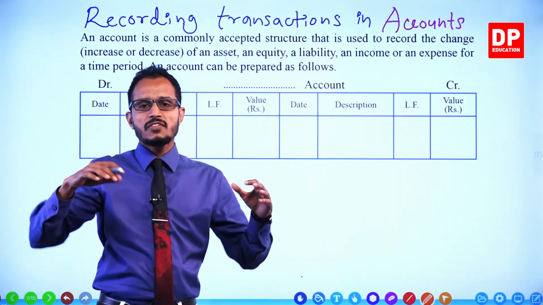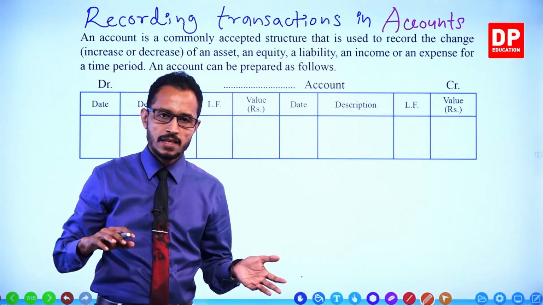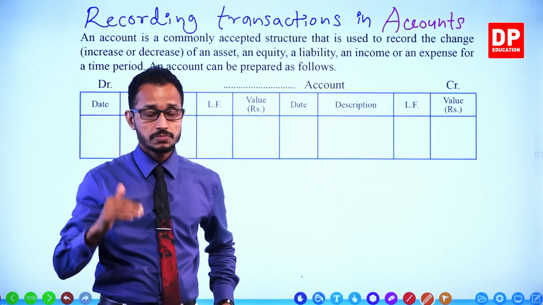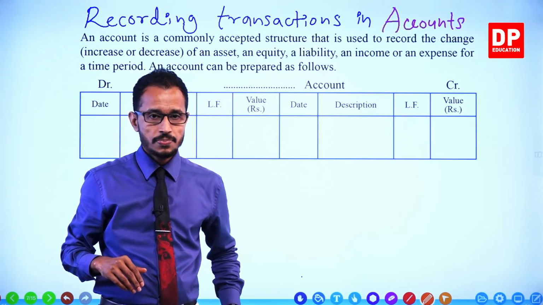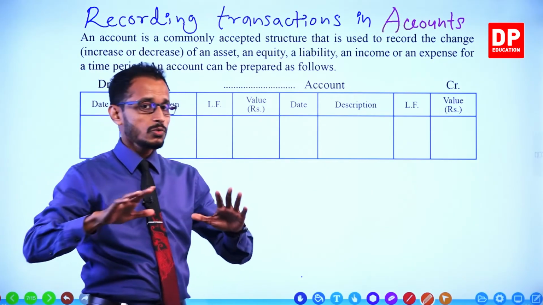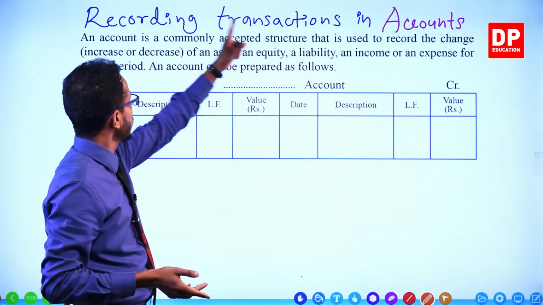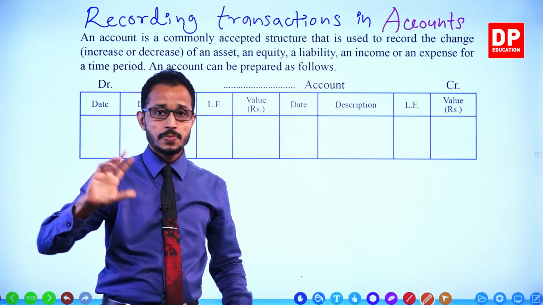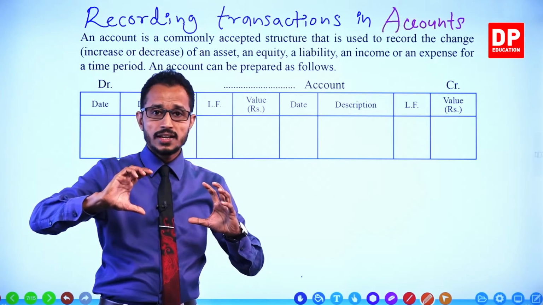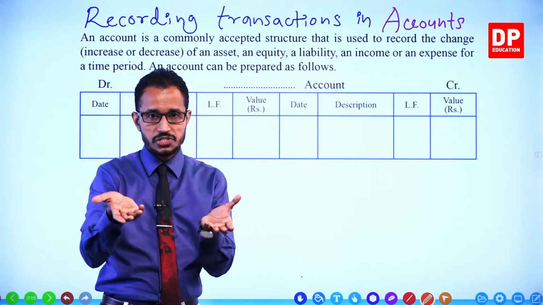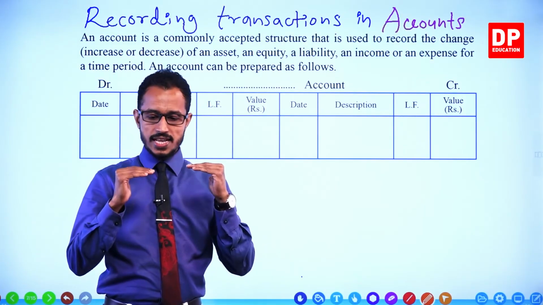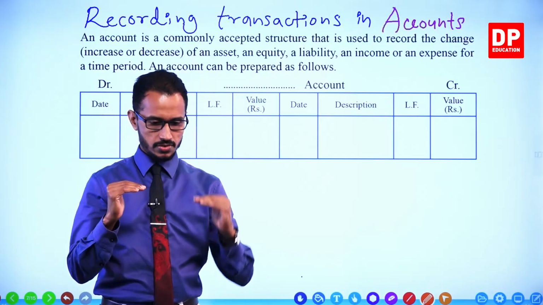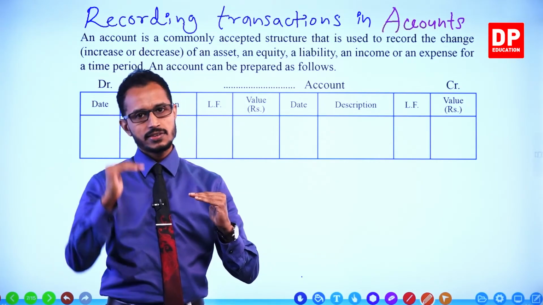Because we have learned to record the dual impact of transactions under the accounting equation. Now you already know how to record transactions, the dual impact, as an increase or decrease.